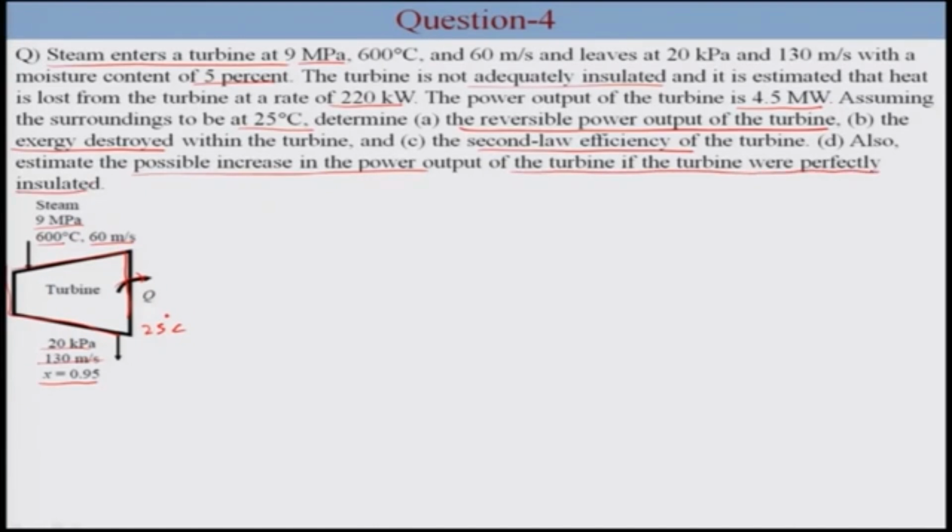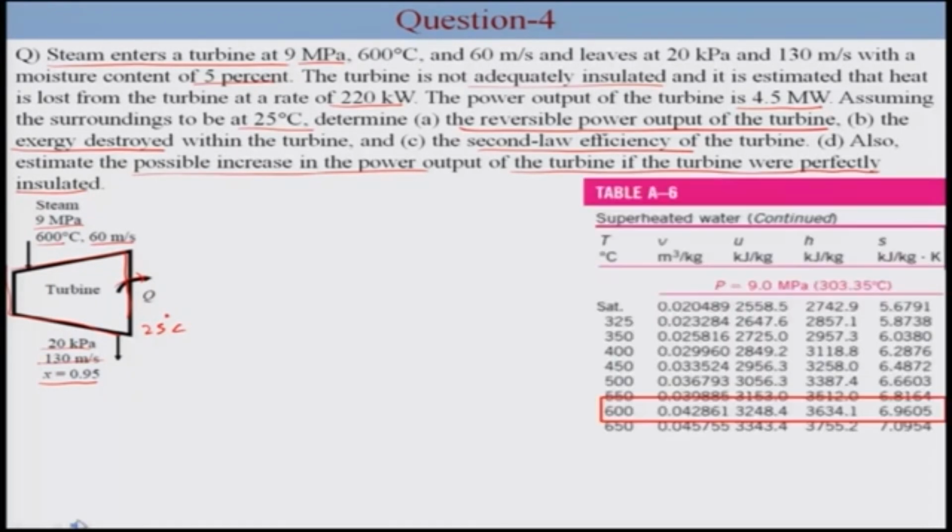So moving step by step, we find the properties of the steam at the inlet and exit states. At 9 megapascal and 600 degrees Celsius, as this is superheated steam, from the superheated water table at 600 degrees Celsius, we know the specific volume, internal energy, enthalpy and entropy.